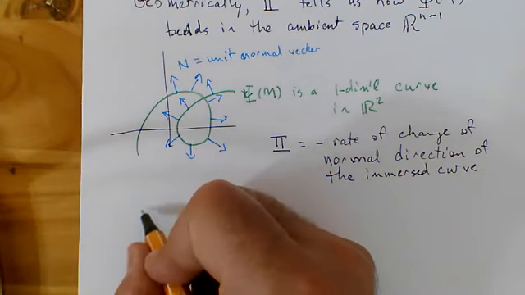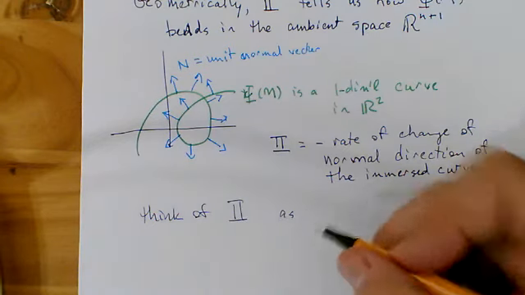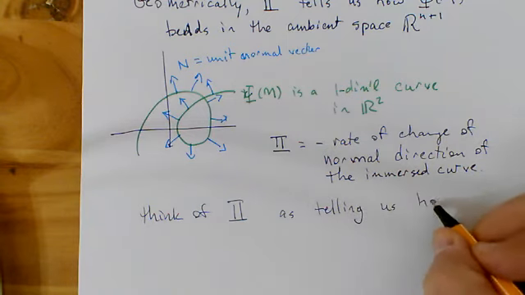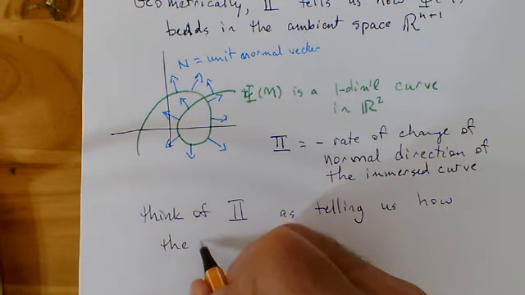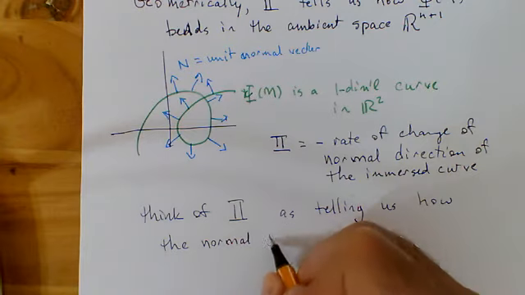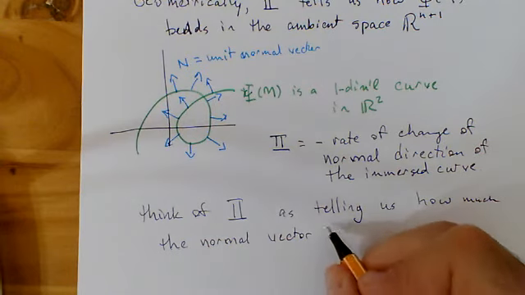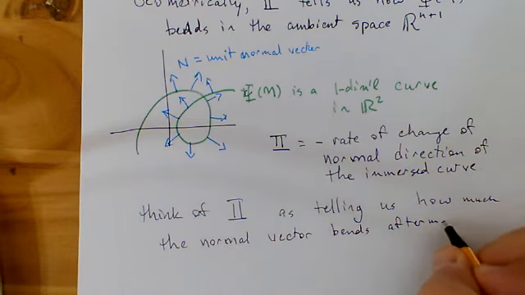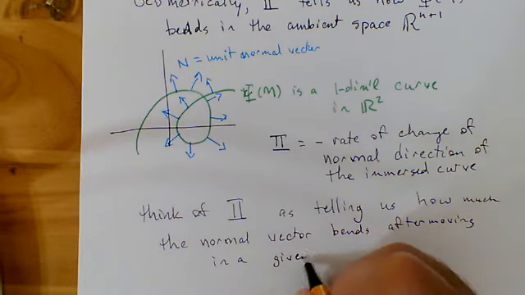Okay. So this is really the way you should think about the second fundamental form. You should think of it as telling us how much the normal vector bends after moving in a given direction.